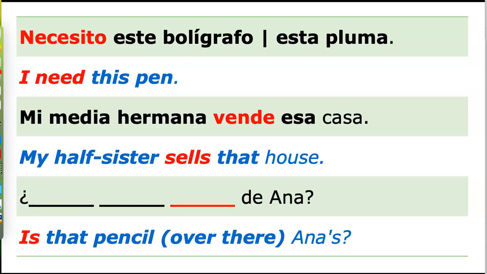Is that pencil over there Ana's? Now here is something that we may not have covered yet in class or in your studies. We're going to be using the verb ser to show possession.